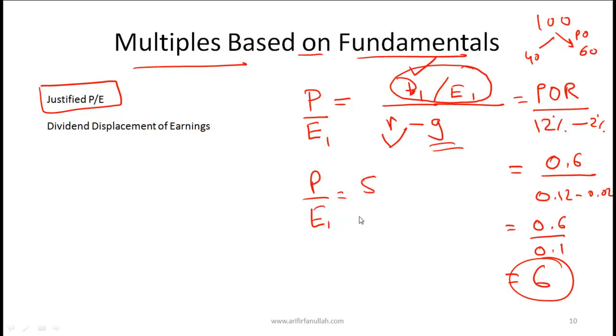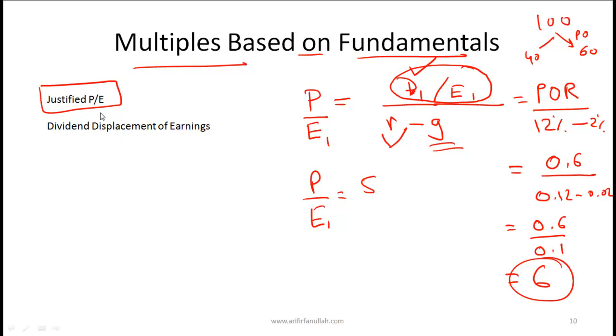This would imply that our share is undervalued, because we are saying that given our estimates for $1 of earnings, we should have a price of 6. But in the market, it is only priced at 5 times earnings. So unless there is a good reason for why we have this discrepancy, this would suggest that the share is undervalued and hence should be bought.